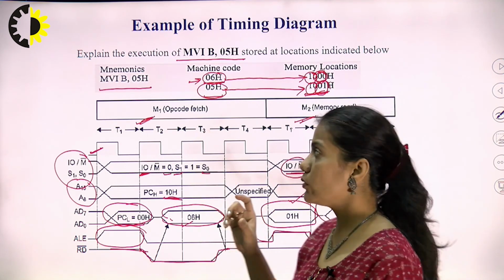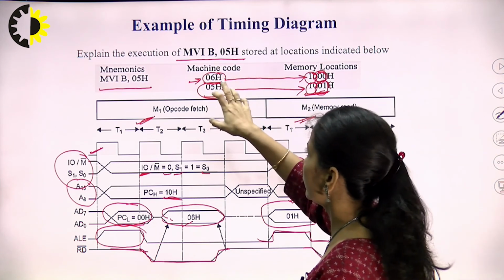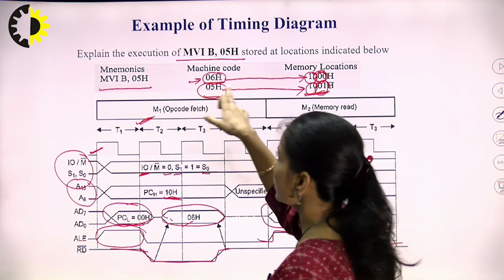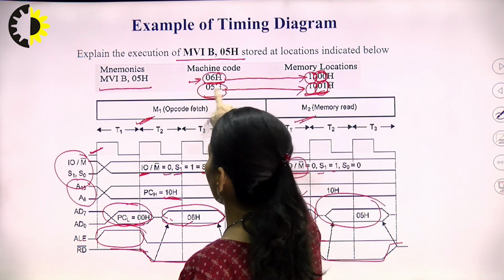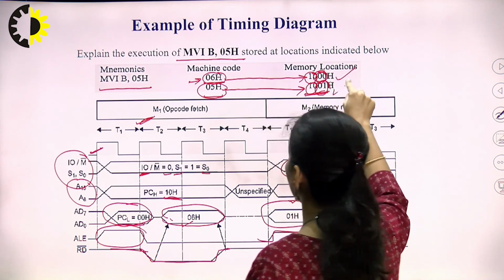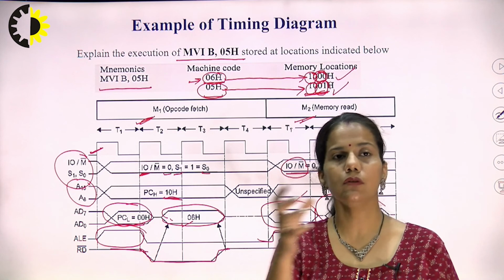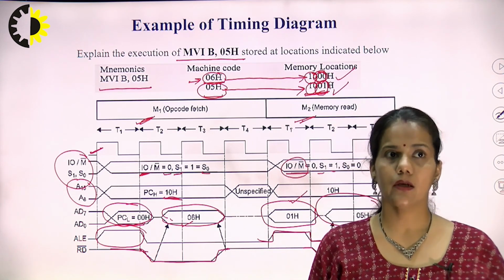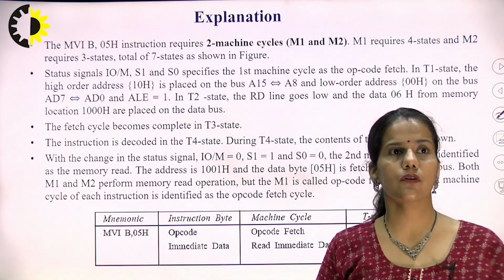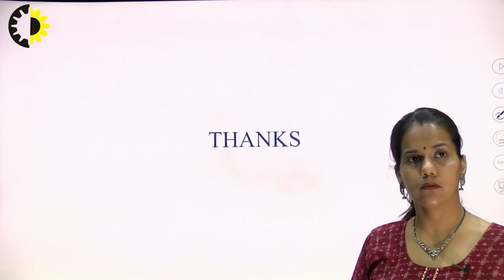Then we have to assume which opcodes are located at what location. Since this is a 2-byte instruction, 06 is the first byte and 05 is the second byte. So the first byte is located at this location and the second byte is located in another consecutive location. In this way we have to make a format, then we have to proceed with the timing diagram. So this is the way of solving, this is the explanation for this instruction.